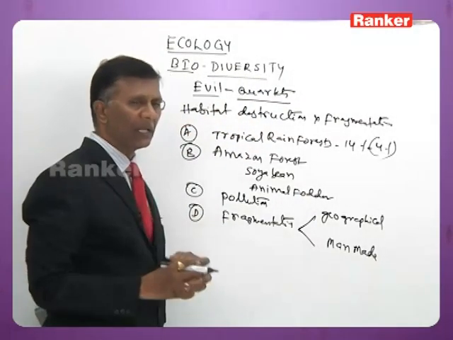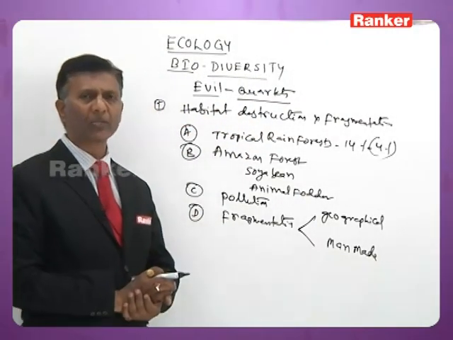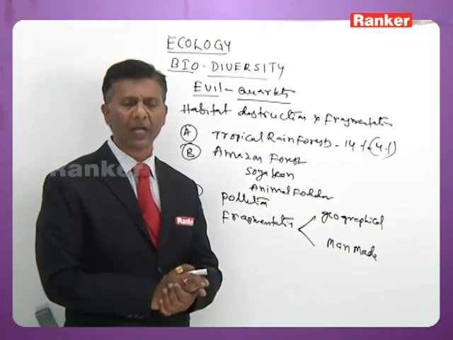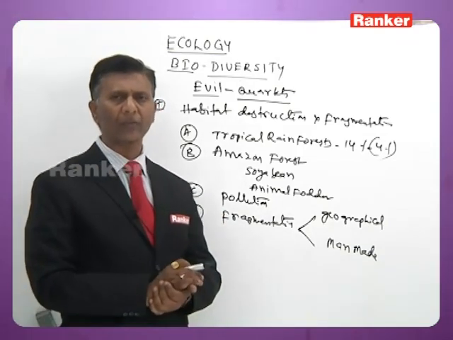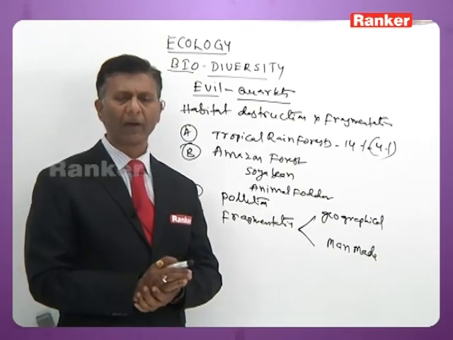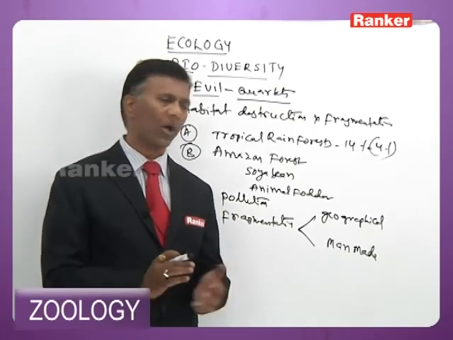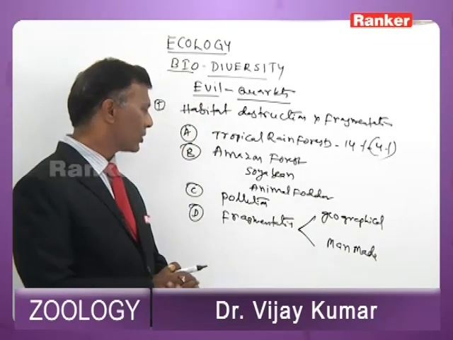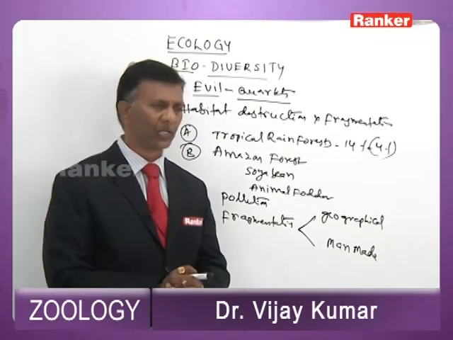Geographical fragmentation is the fragmentation that occurs by natural methods like the formation of deserts, formation of grasslands, earthquakes, forest fires, and volcanic eruptions, all of which are responsible for natural or geographical fragmentation.